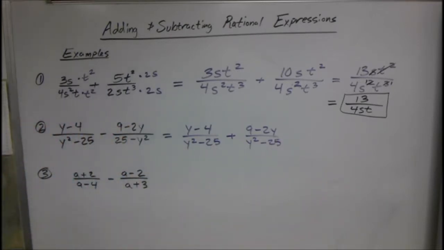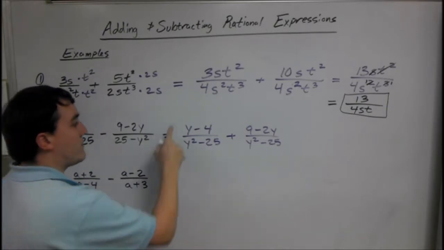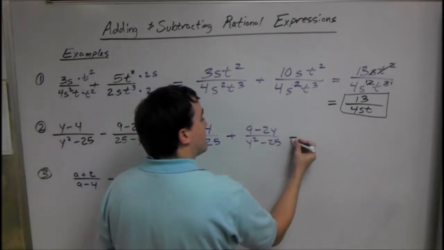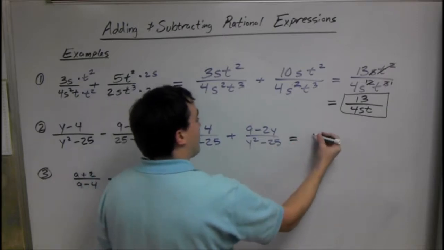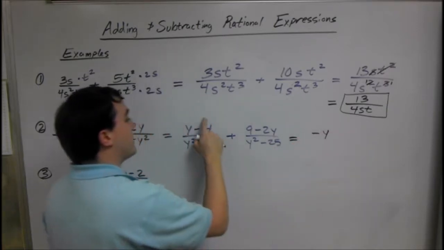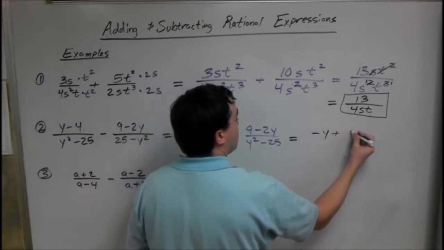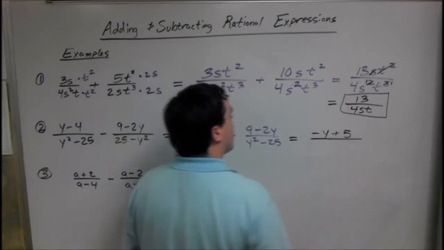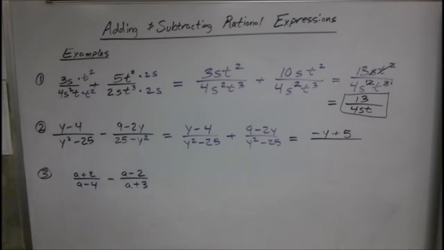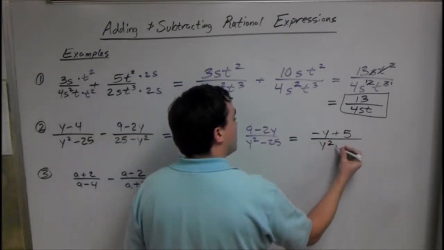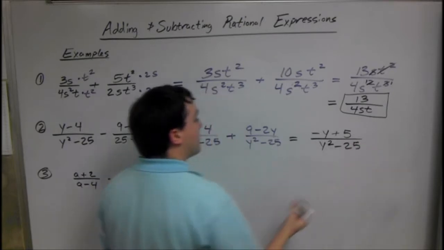On the top, we have y plus negative 2y. That's going to give us negative y. Then we have negative 4 plus 9 is positive 5, over y squared minus 25, our common denominator.